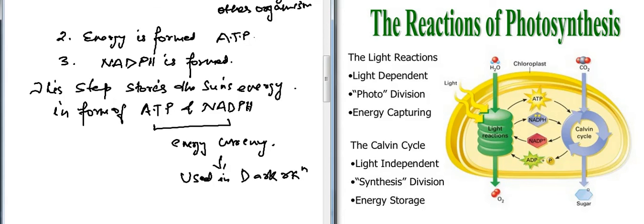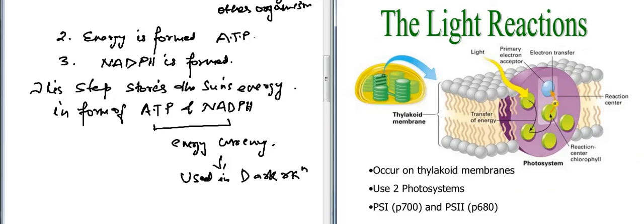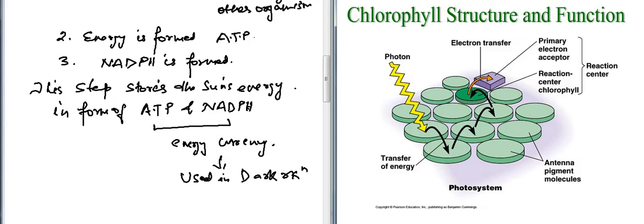Now, in the second part, we are going to deal with what the dark reaction is. In this light reaction, photosynthetic pigments are involved, that is photosystem 1 and 2, and they absorb the desired wavelengths of light, that is 700 nanometer and 650 nanometer. So we are seeing how the energy is transferred.